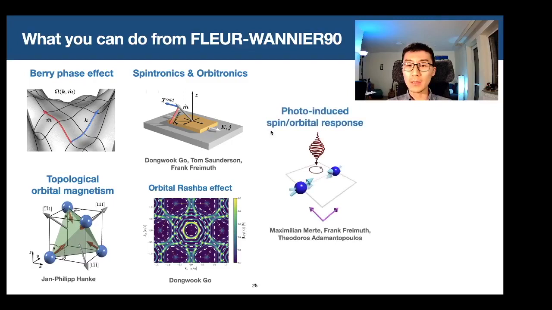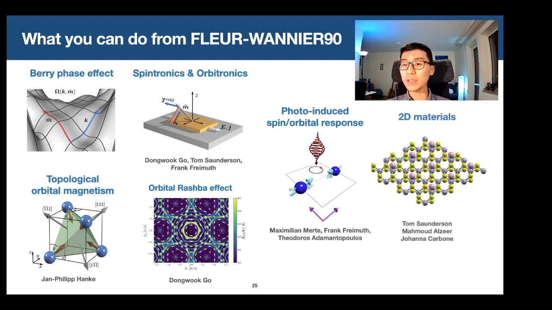A few people like Max Merte, Frank Freimuth and Theodoros are working on photo-induced effects like photocurrent or photo-induced spin and orbital response. Recently we also started to look at 2D materials like transition metal dichalcogenides or iron germanium telluride or other emerging 2D materials.